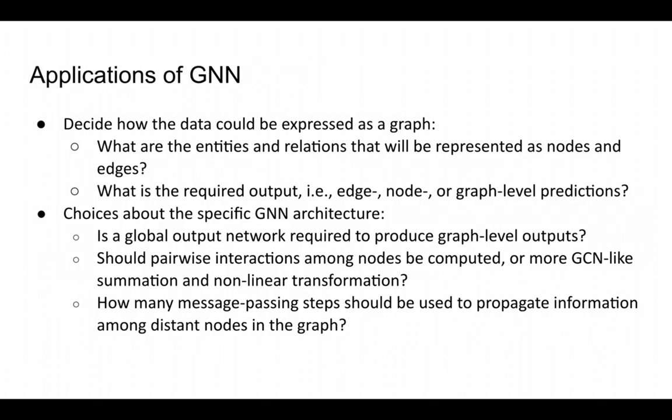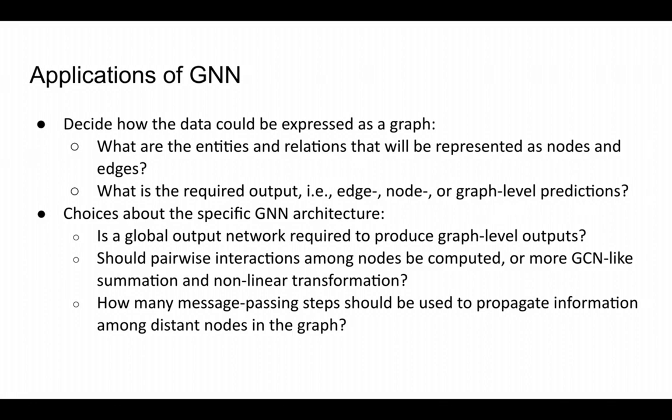In order to apply graph neural network, we have to decide how the data could be expressed as a graph. What are the entities and relations that will be represented as the nodes and edges? What is the required output, that is, edge, node, or graph level predictions?